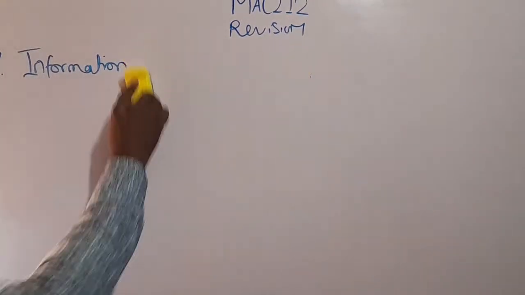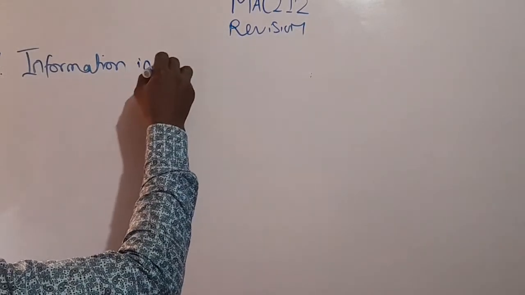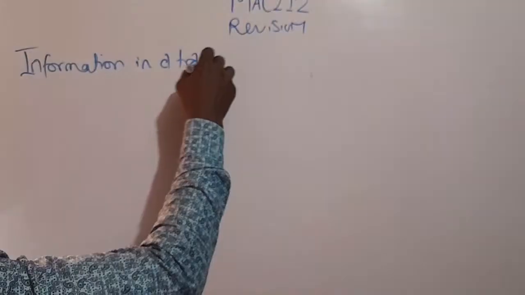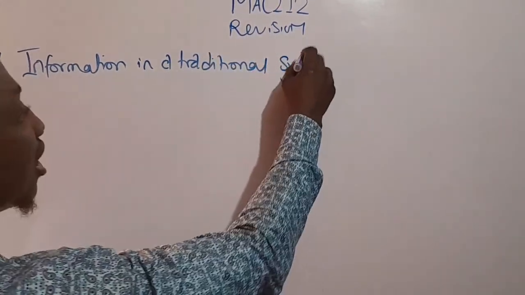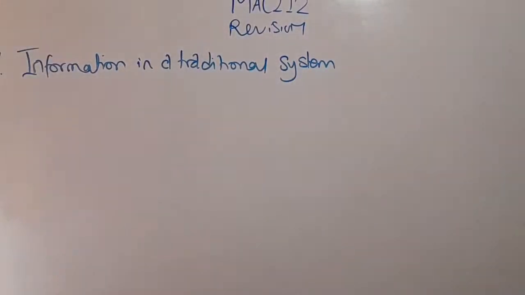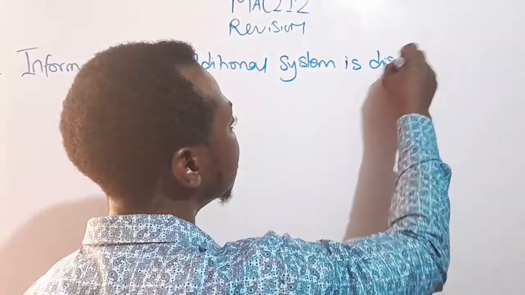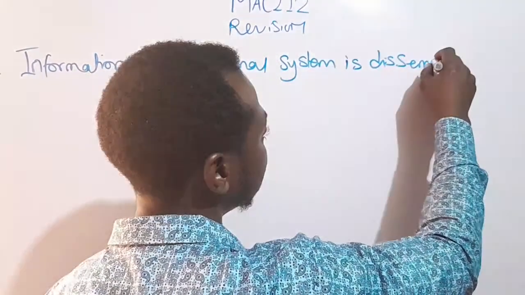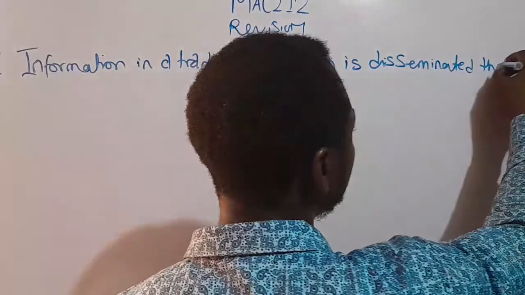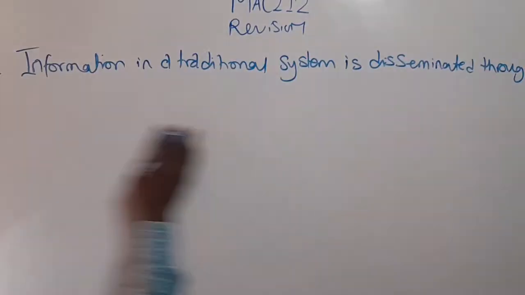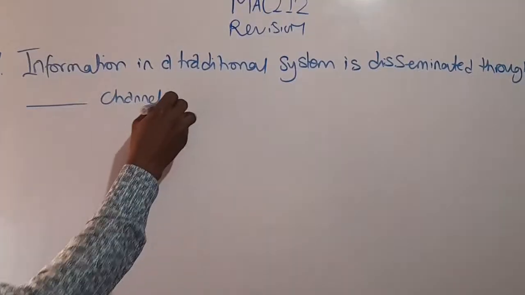Let's put it this way: information in a traditional system is disseminated through dash channels.